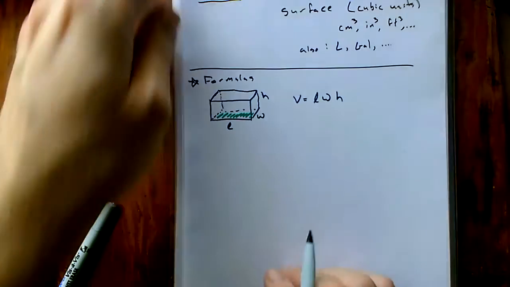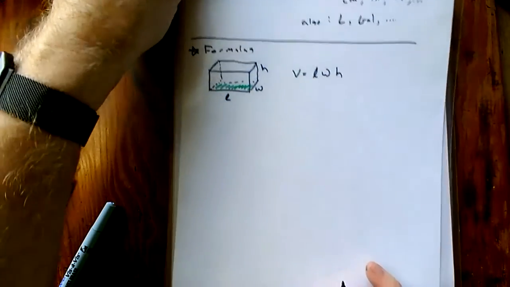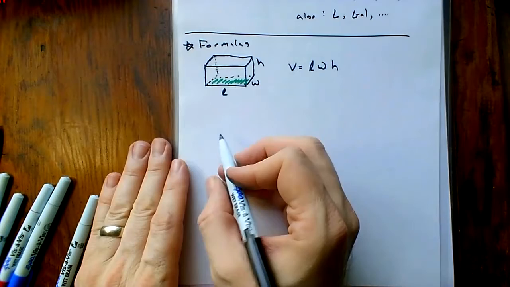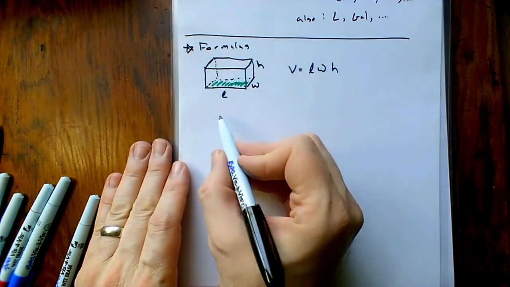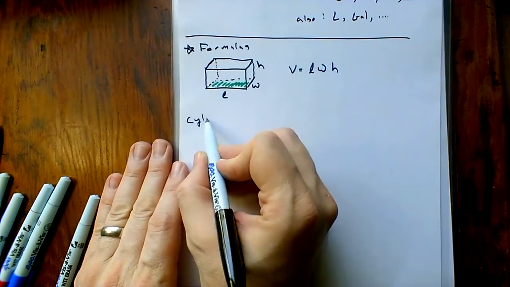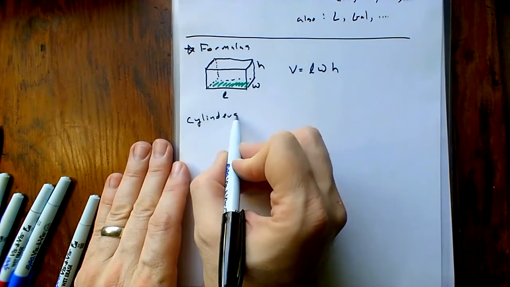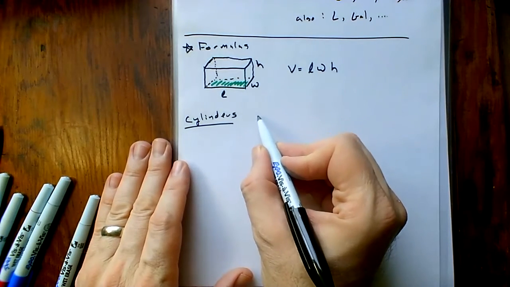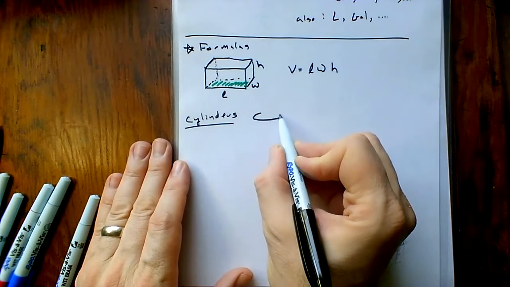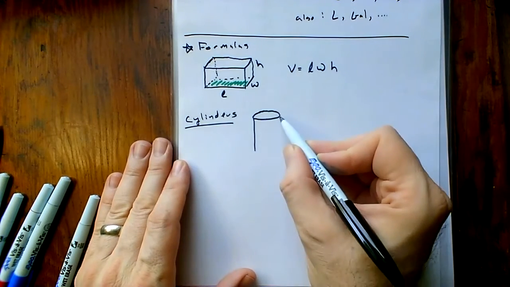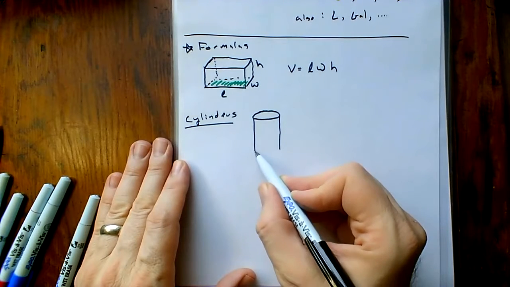Well, we've got a bunch of different shapes that we're going to run into. Some of the most common ones are things like cylinders. So for cylinders, it has basically a circle as a base.